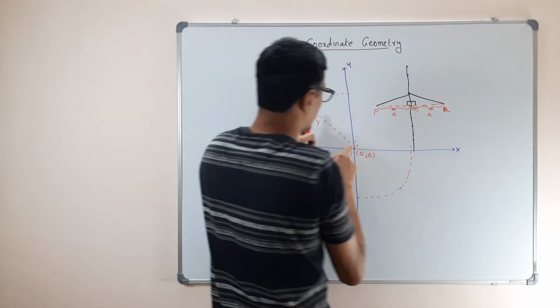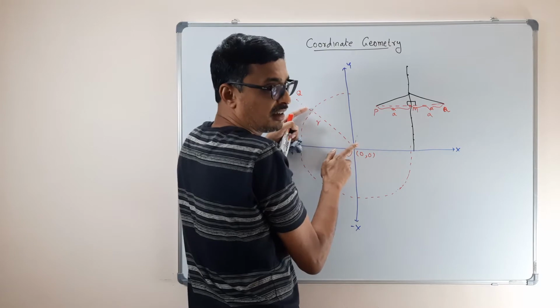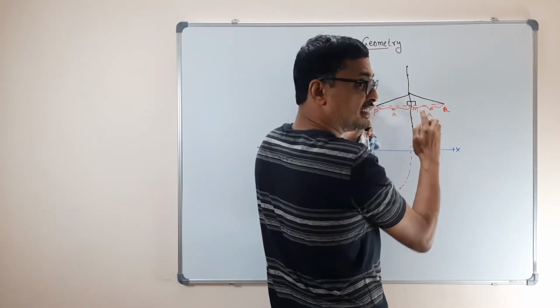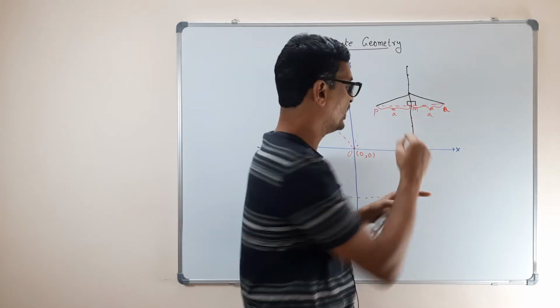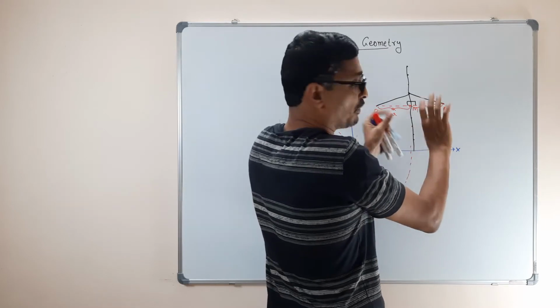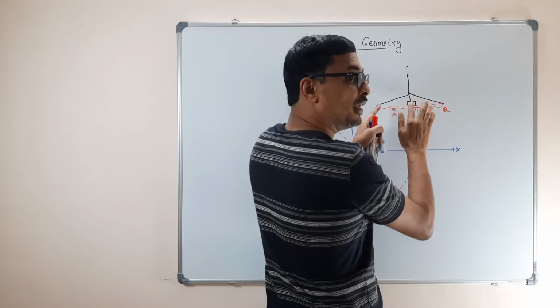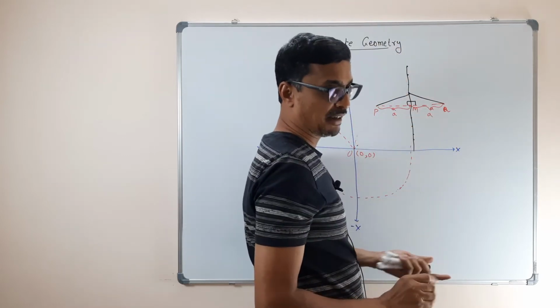Here the condition is that this distance has to be R. If I say it has to be equidistant and its value should be A, then it comes out to be only one point, the center point, as you said. If I say I don't mind the measurement, but they should be equidistant from these 2 points, then it forms a perpendicular bisector.